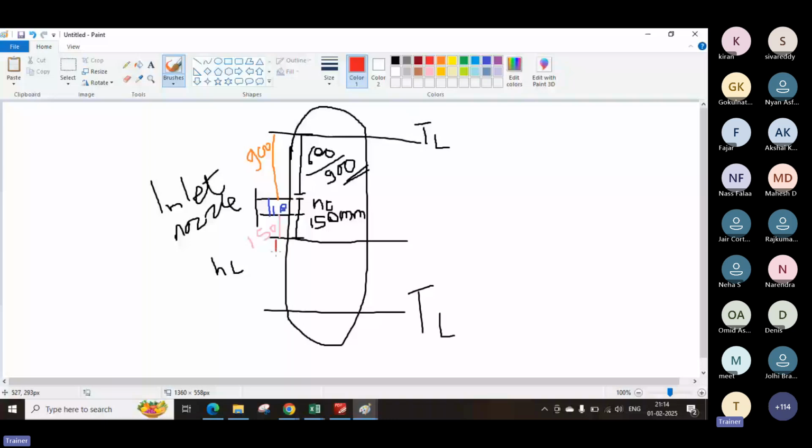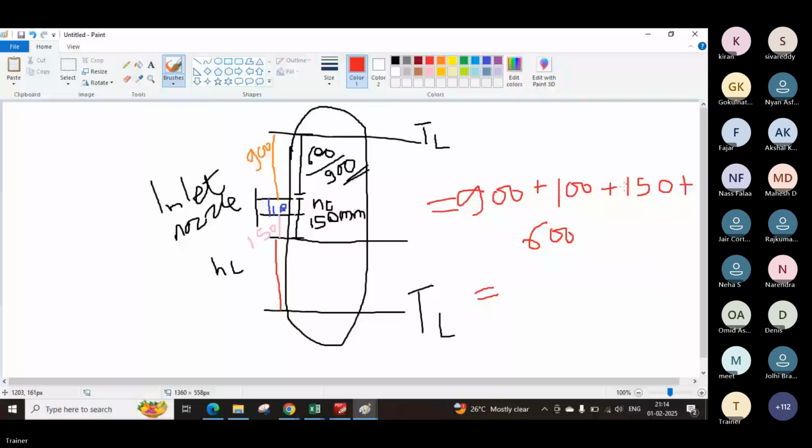So your total length is nothing but 900, plus the inlet nozzle size, which I'm considering as 100 at this moment, plus 150, the difference between the high liquid level and the inlet device bottom part, plus the total liquid height, which I'm assuming as 600 minimum, plus any additional margin you wish to consider. So 900 plus 100 plus 150 plus 600 gives 1750.